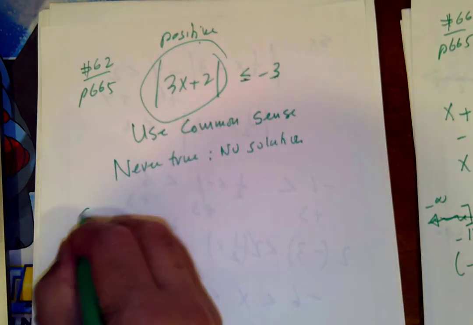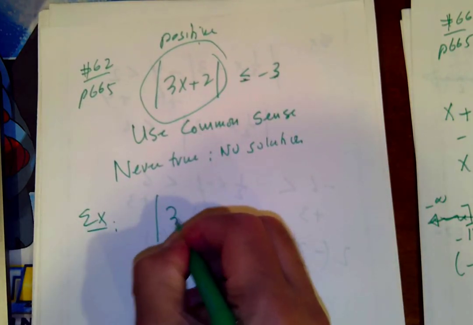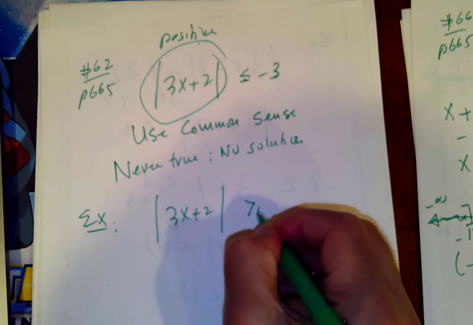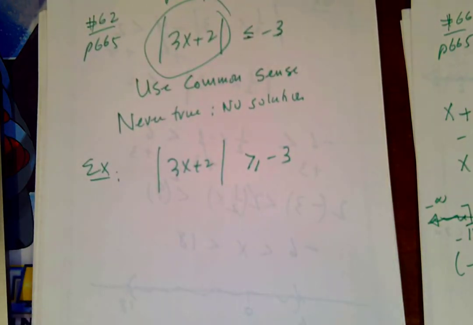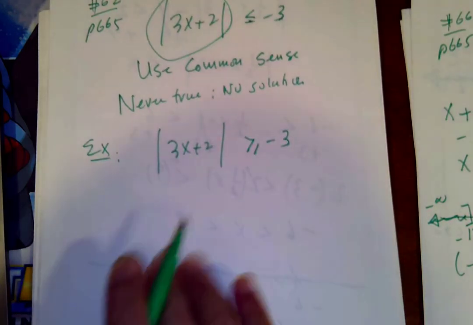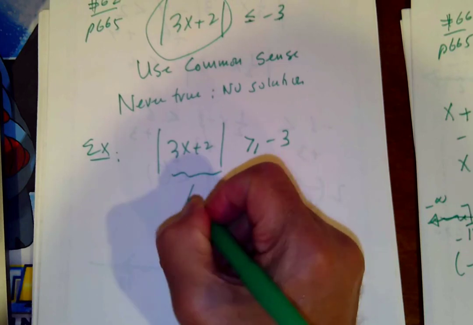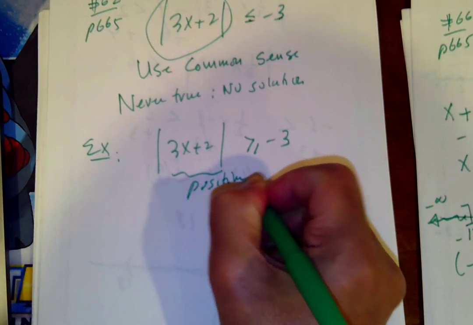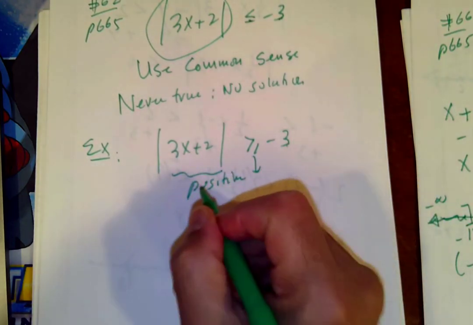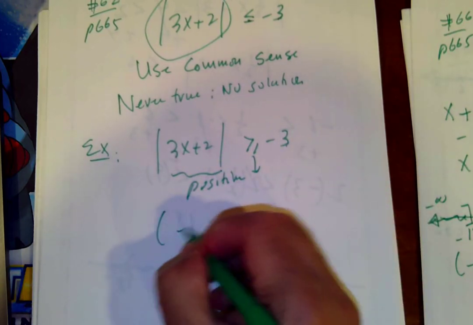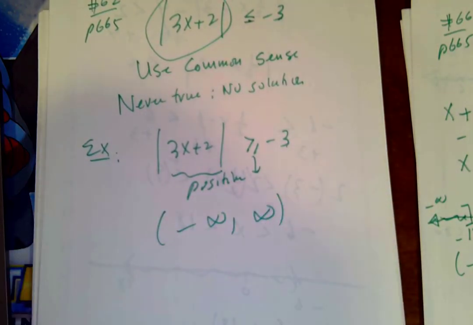Now, if I do another example, and make it greater or equal to negative 3. Well, this is positive. It's always greater than a negative number. A positive is always greater than a negative number. The solutions, anything will work, all real numbers.